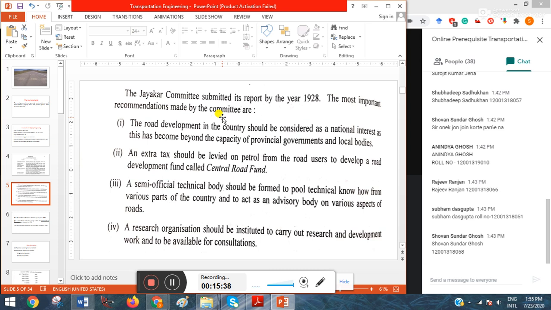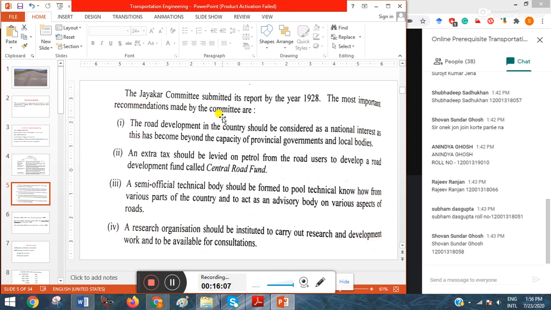You can see there is BMW, there is Mercedes, and there is also a cycle going on the road. So this kind of mixed traffic, we have to handle in India as an Indian engineer. The existing roads were not capable of withstanding the mixed traffic conditions.